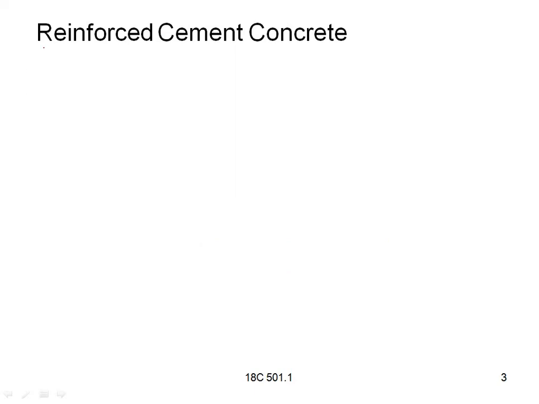What is reinforced cement concrete? In the meaning itself we can see here, reinforced means steel. What is steel? A steel is a structural member prepared with steel bars. So it is called the reinforcement.